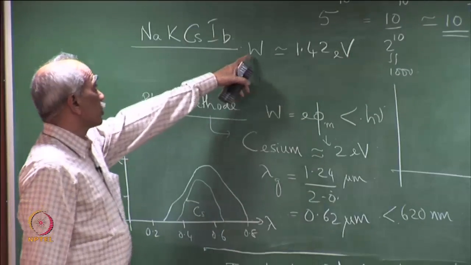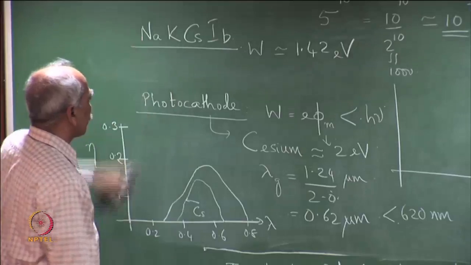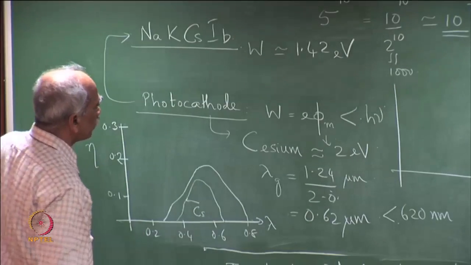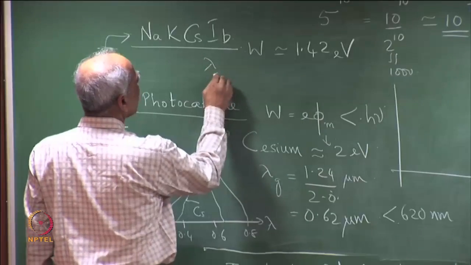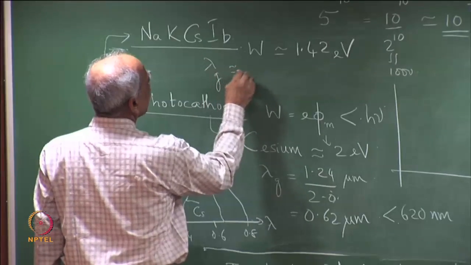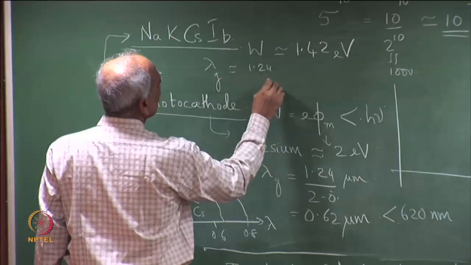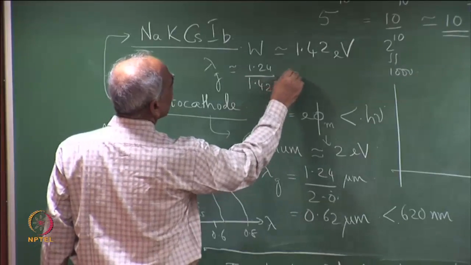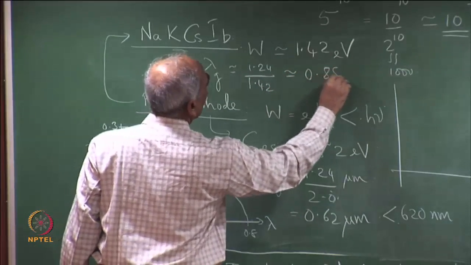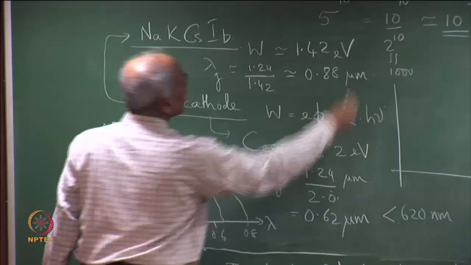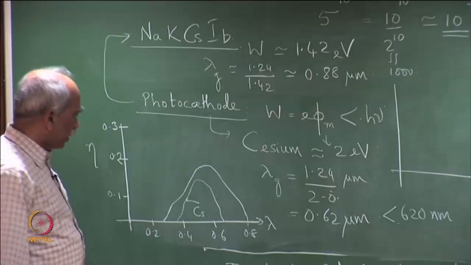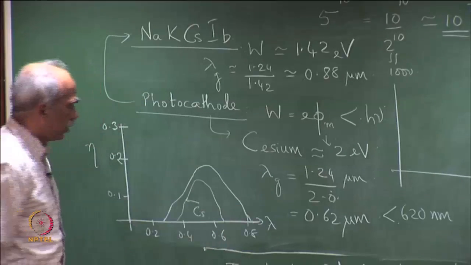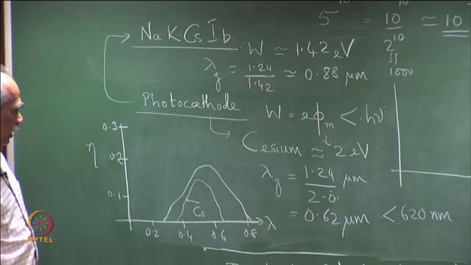This means lambda g is nearly 1.24 divided by 1.42, that is nearly 0.88 micrometer, which means it can go to about 0.8 or a little bit beyond.